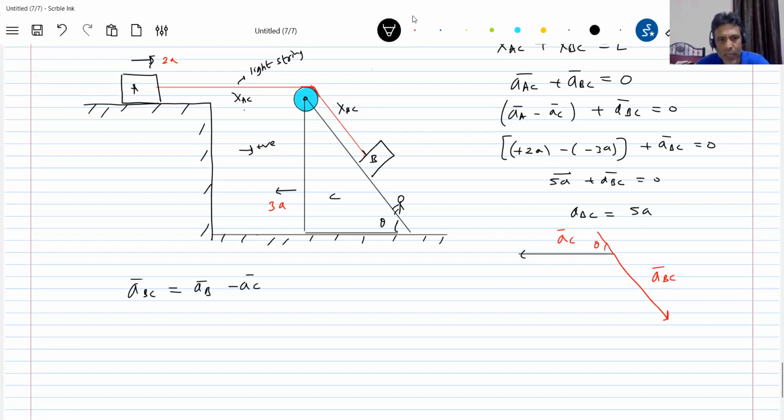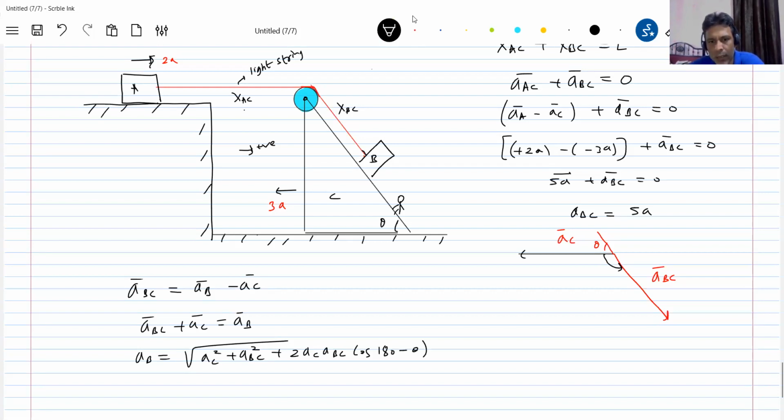We want acceleration of B, no? So AB squared equals AC squared plus ABC squared plus 2 AC ABC times cos of the angle between these two vectors. What is the angle between these two vectors? 180 minus theta, no? Cos of 180 minus theta.